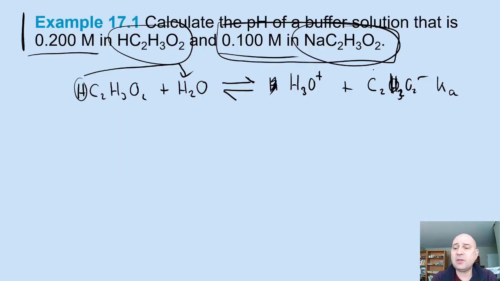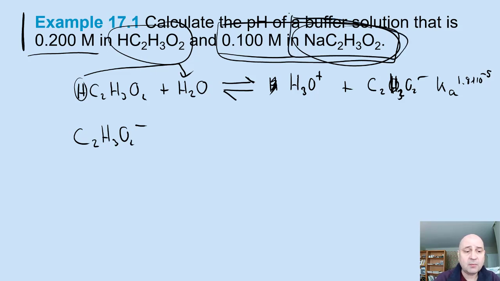So if I go back to this here now, this is the Ka, I can look it up, it's 1.8 times 10 to the minus 5. Then there's also a reaction of the conjugate base, C2H3O2 minus, which, if this was standalone here, I would have a 0.100 M solution of that acetate, right?